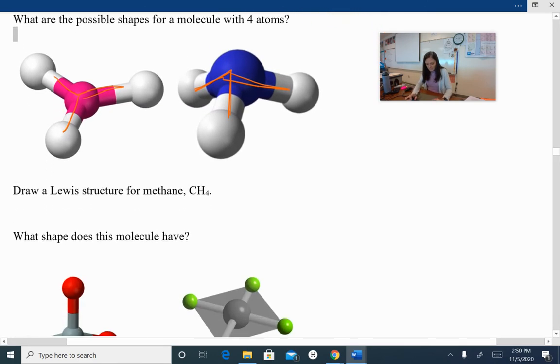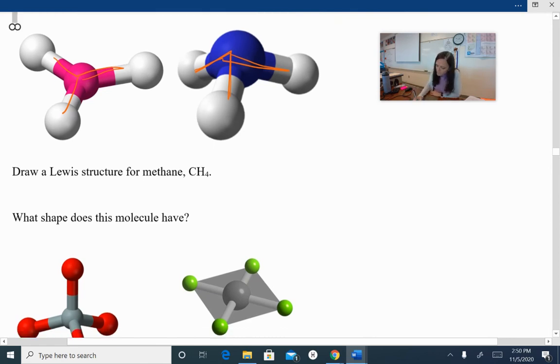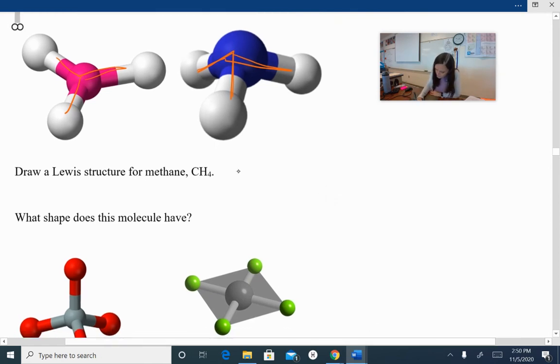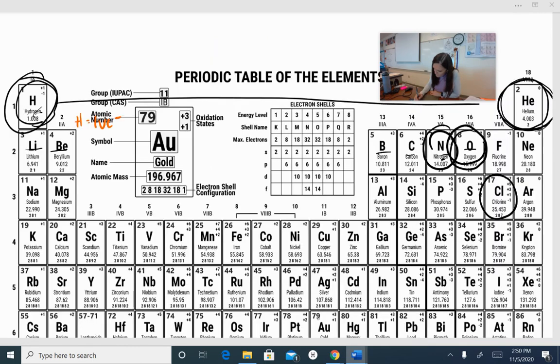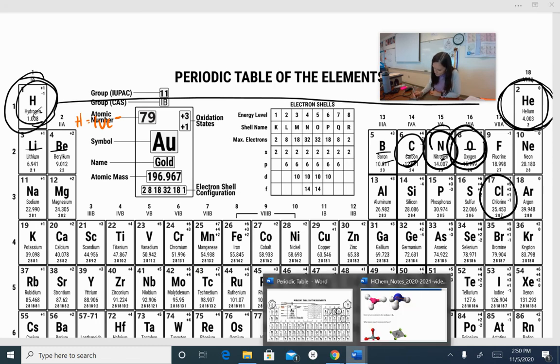Last but not least, methane. Carbon has 1, 2, 3, 4 valence electrons.